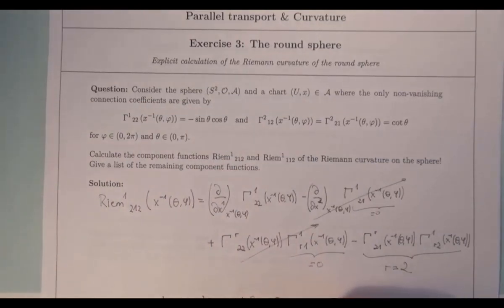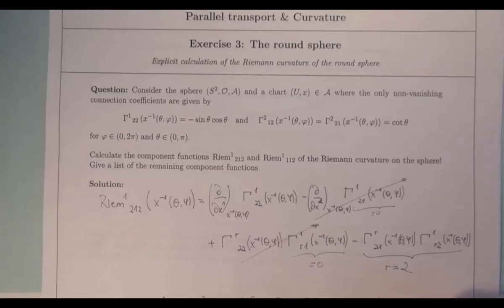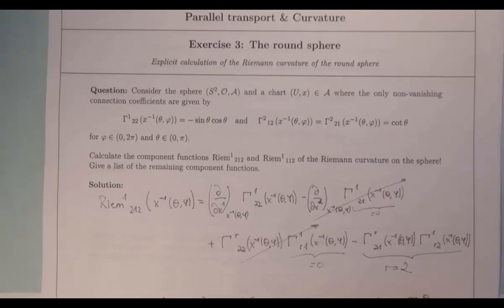So we know that the cotangent of theta is defined as cosine theta by sine theta. And we can insert this.